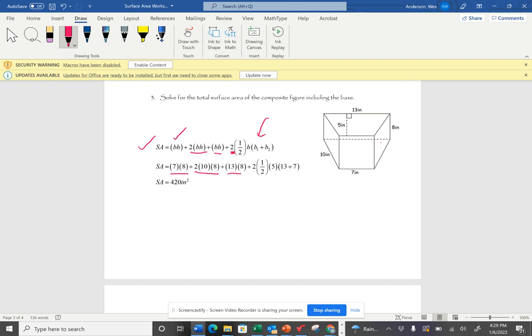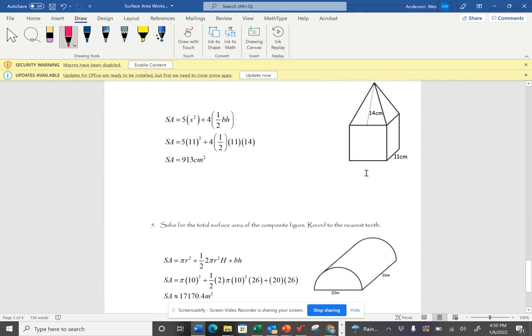Area of a trapezoid is 1/2 height times base 1 plus base 2. So in plugging in our height, the height of the trapezoid is found here at 5, and our bases are going to be 13 and 7. This 7 will move up here, and that will make your base sub 2. Plug all that in, we'll get 420 inches squared.